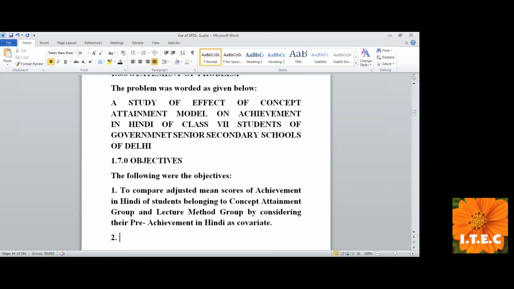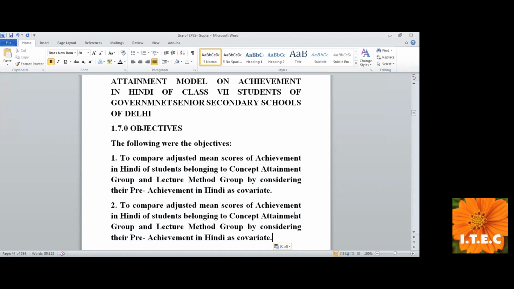Another objective might be to compare adjusted mean scores of achievement in Hindi of students belonging to concept attainment group and lecture method group by considering their pre-achievement in Hindi and vocabulary in Hindi as covariates.